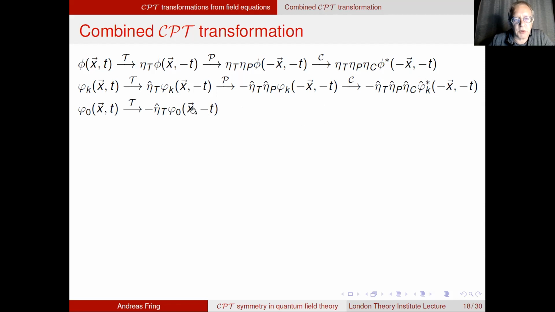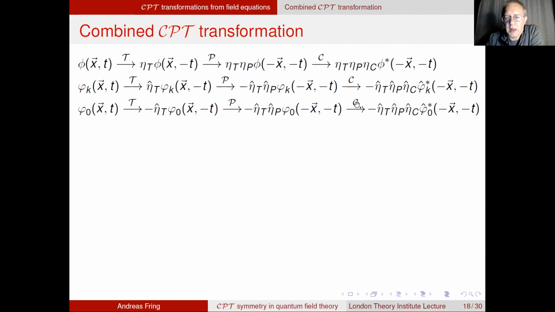We reverse also the argument. And now we act with P, we reverse the space. There's no additional sign coming here. Always we multiply by these constants as well. And now I charge conjugate, replace this field by its conjugate. And at the same time, we also have to multiply with some eta.